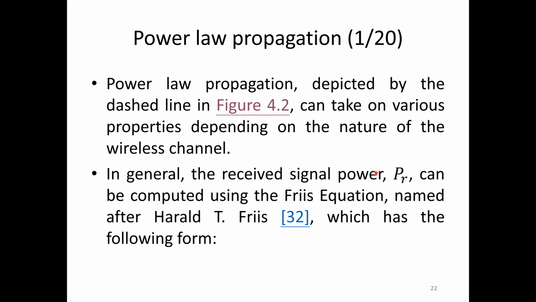Go back. It can take on various properties depending on the nature of the wireless channel. In general, the received signal power PR can be computed using the Friis equation, named after Harold T. Friis. Please see reference 32.